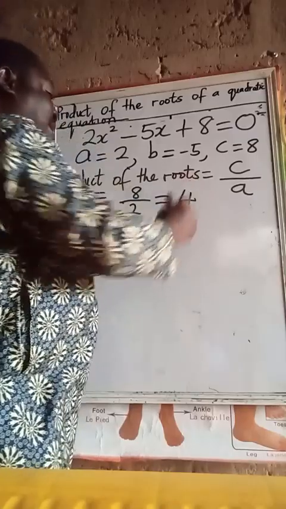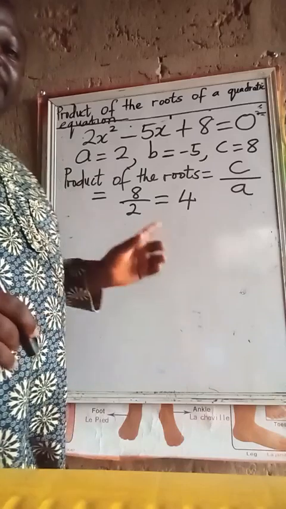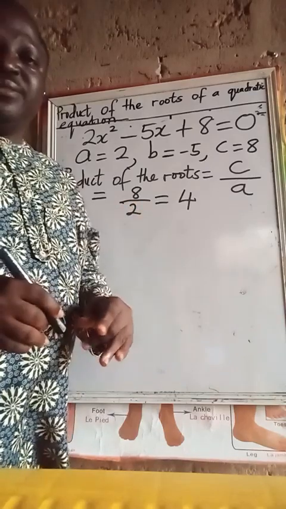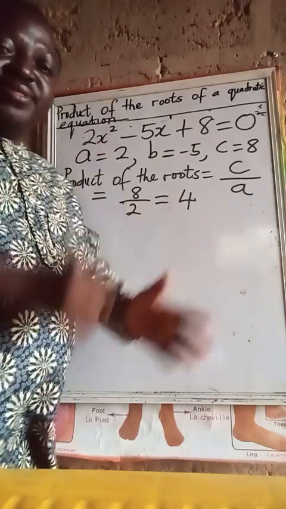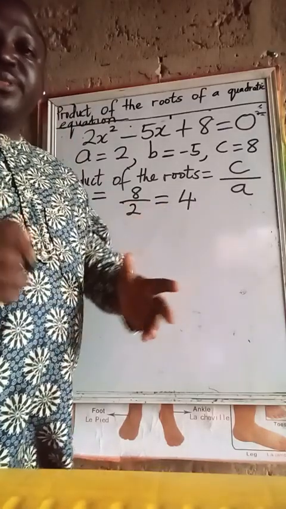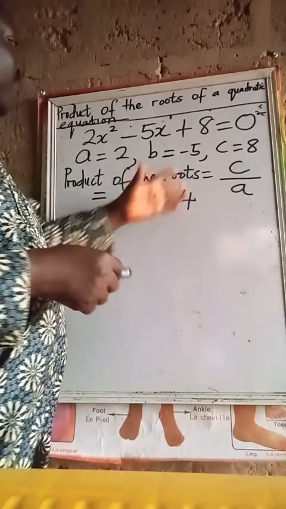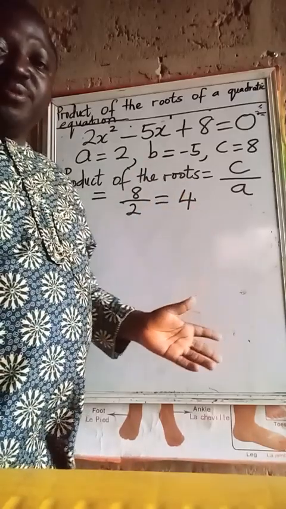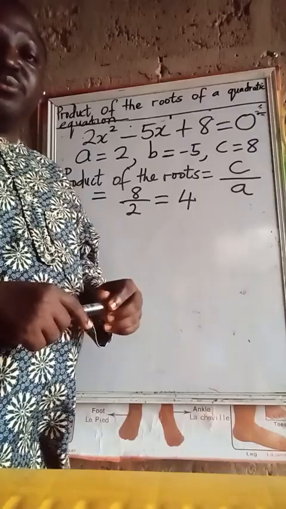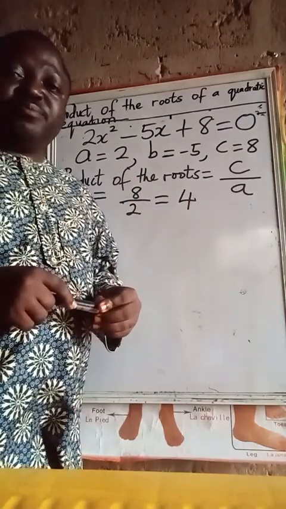Then 8 divided by 2 is equal to 4. So it is as easy as this. So instead of solving using either factorization method or completing the square method or formula method, you can just use this formula to find the roots without working it out. To find the product of the roots and the sum of the roots.